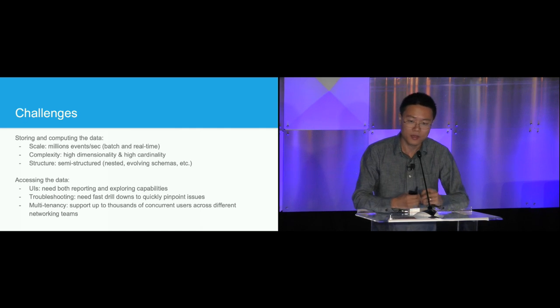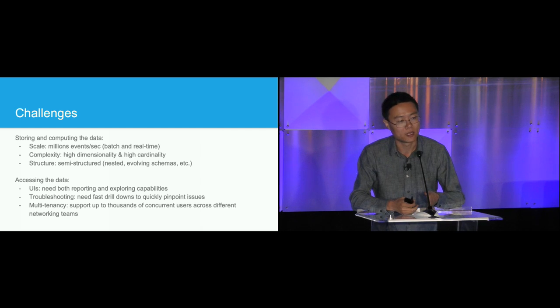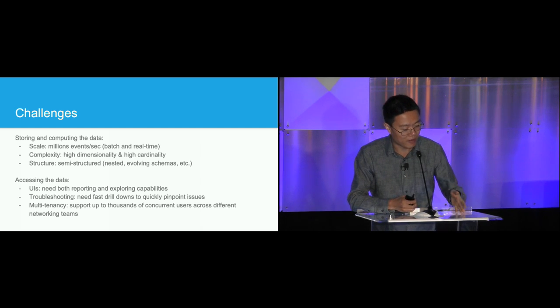This data, as I mentioned at the very beginning, is becoming increasingly complex. Complexity really relates, in my mind, to dimensionality and cardinality. Dimensionality is about having many different attributes in your flow data: everything about the interfaces, everything about the source and destination ports, and potentially enriching this data with application information as well.